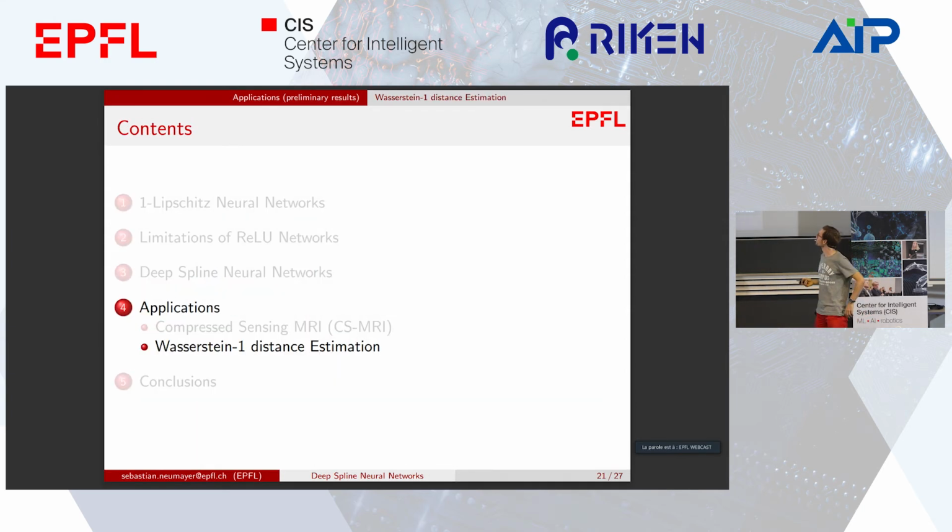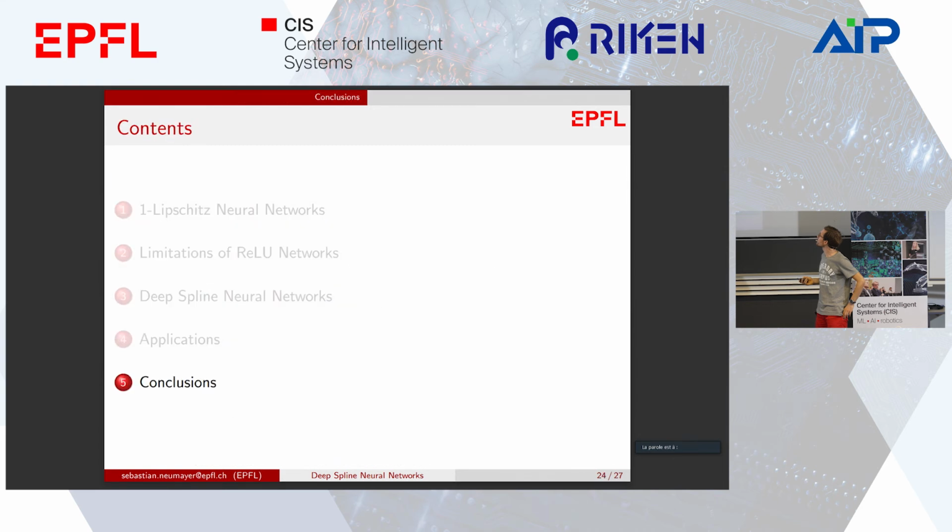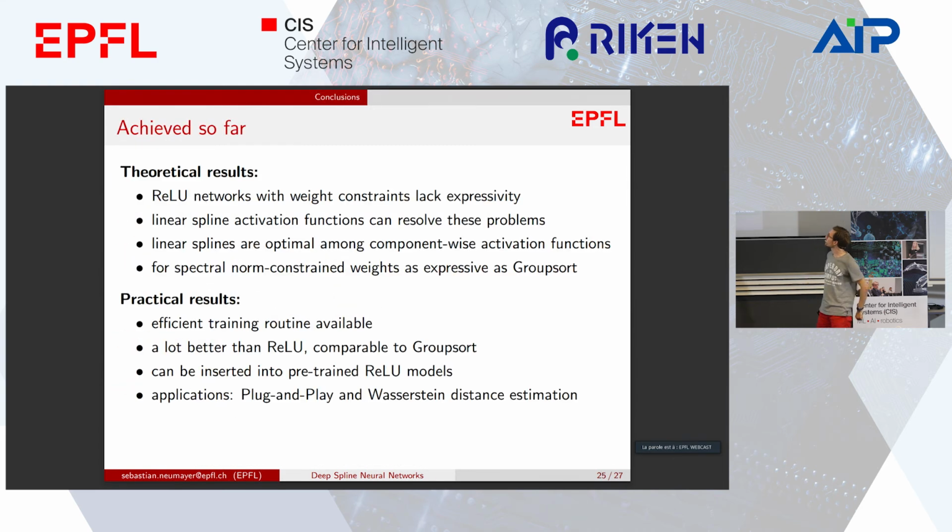Okay, maybe I skip this application here and conclude now. What we have achieved so far, on the theoretical side, is that we have seen that ReLU networks with weight constraints lack expressivity in this restricted setting. We have seen that linear spline activation functions can resolve these problems.